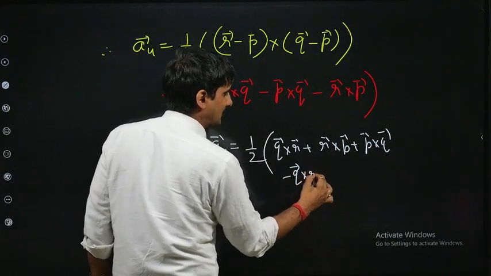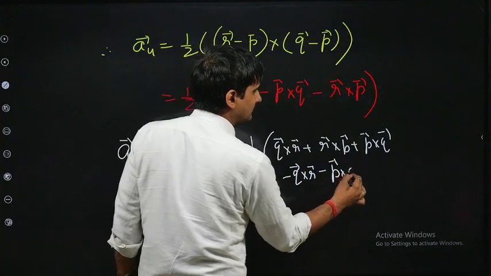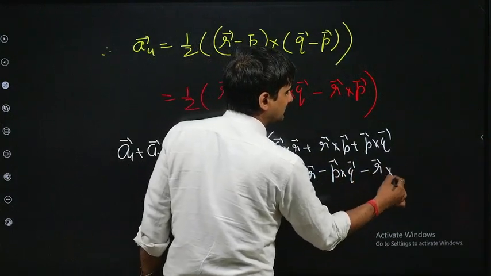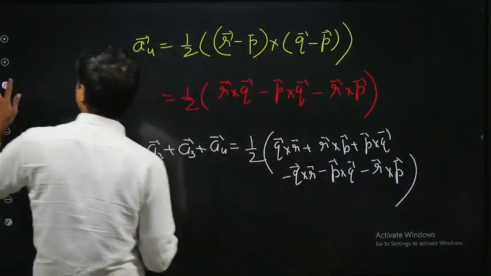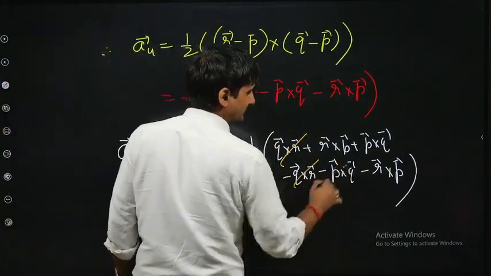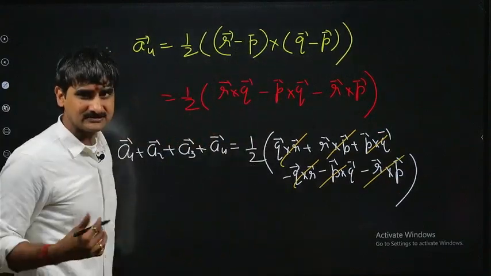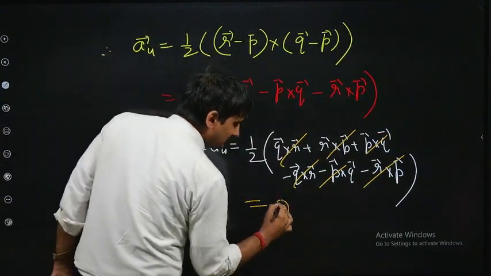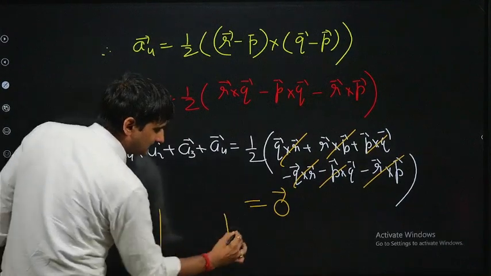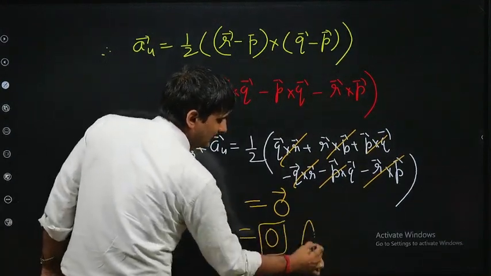So Q cross R minus Q cross R, and so on. Everything gets cancelled. Isn't that interesting? So this is nothing but a null vector. So the magnitude is 0, and that's the answer.